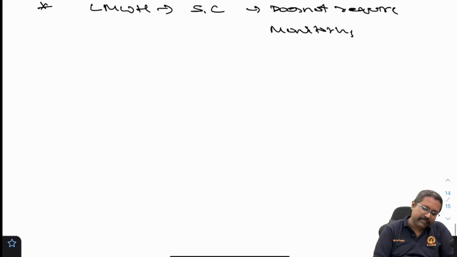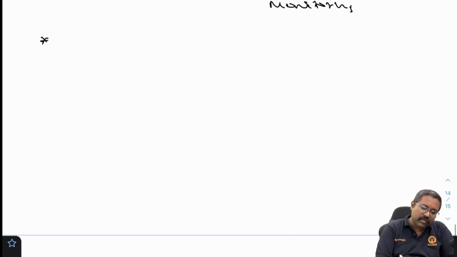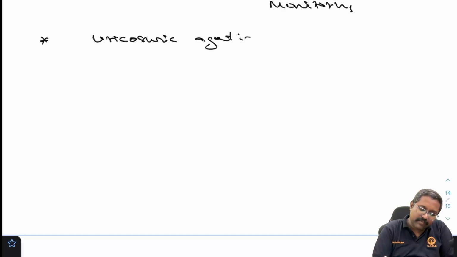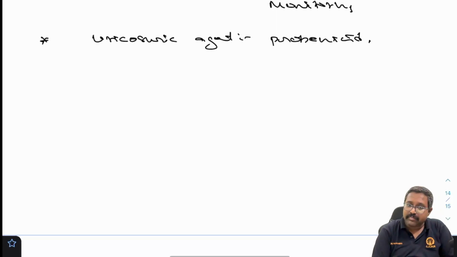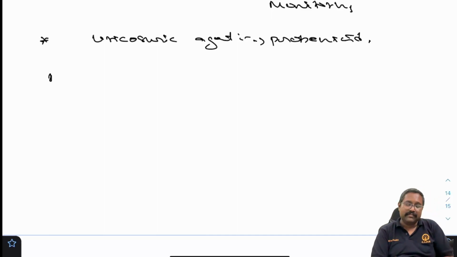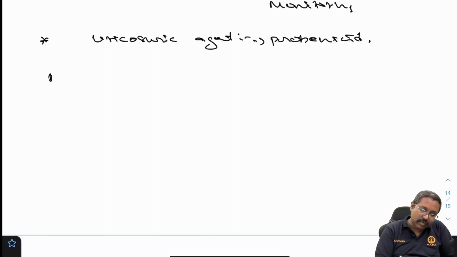Is that clear? And what are some uricosuric agents? Uricosuric agents, we have probenecid, sulfinpyrazone, and benzbromarone. Which is the fastest acting anti-inflammatory agent that is used in gout?